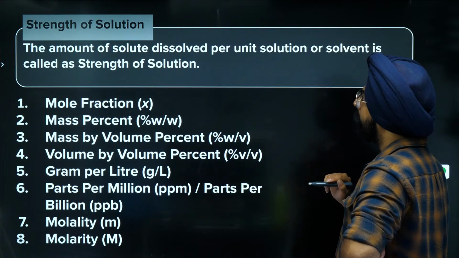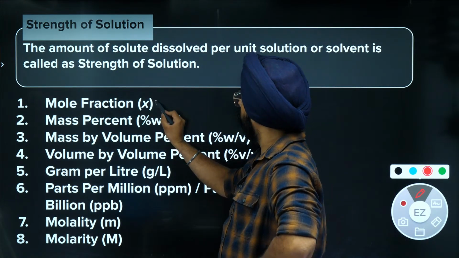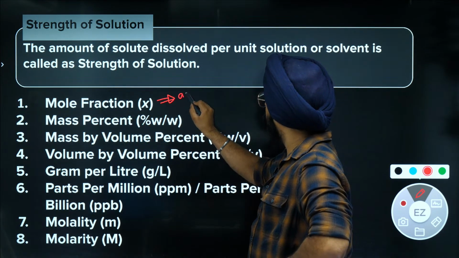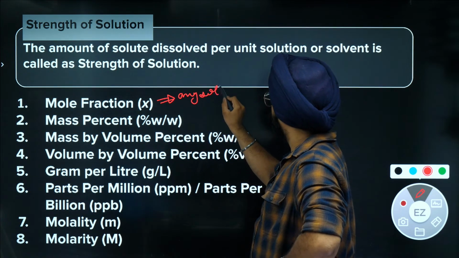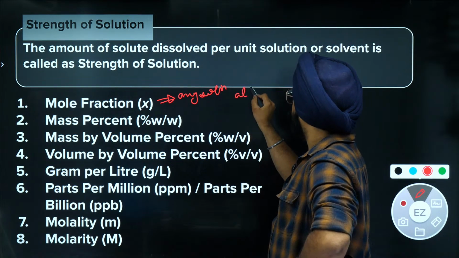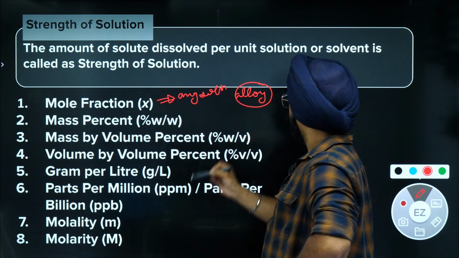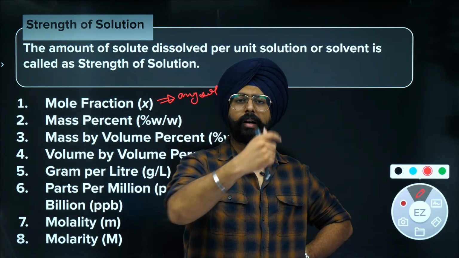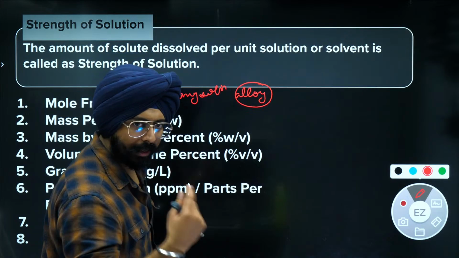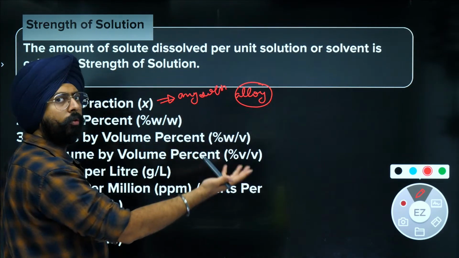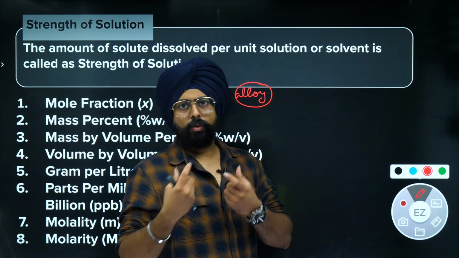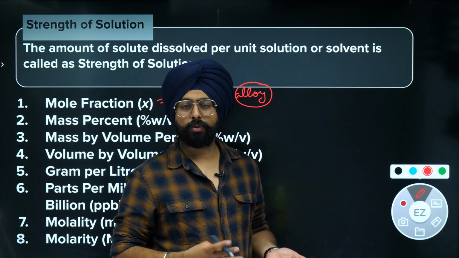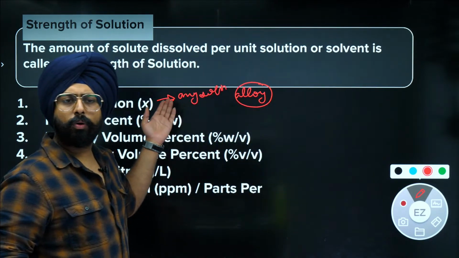So my dear friends, mole fraction is generally for any type of solution. Let's say you have an alloy, let's say steel. Steel has multiple components: iron, carbon, and so on. If it's a solid solution, I can very easily calculate the number of moles just by looking at the weights I've used to make the alloy, and I can calculate the mole fraction.